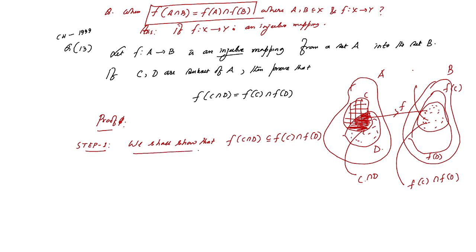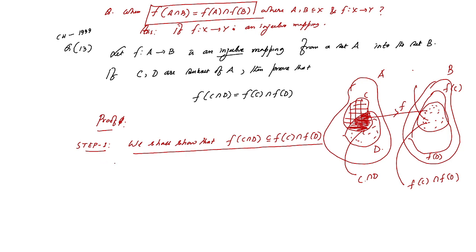This will be our first part. And step 2 will show f of C intersection D is a superset of fC intersection fD. And from these two steps we can conclude f of C intersection D equals fC intersection fD.